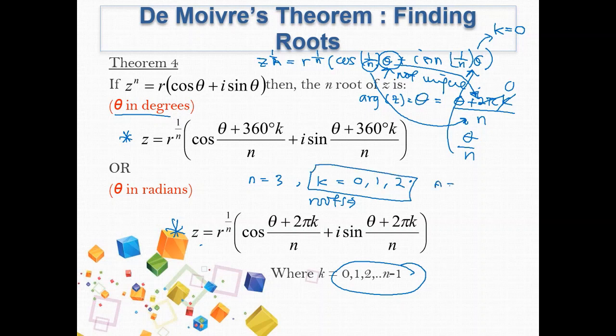If your n is equal to 10, your k is 0, 1, 2, 3, 4, 5, 6, 7, 8, 9, because 10 minus 1 is 9. So it stops here. You see here, you have 10 roots for that z. Okay, understood?